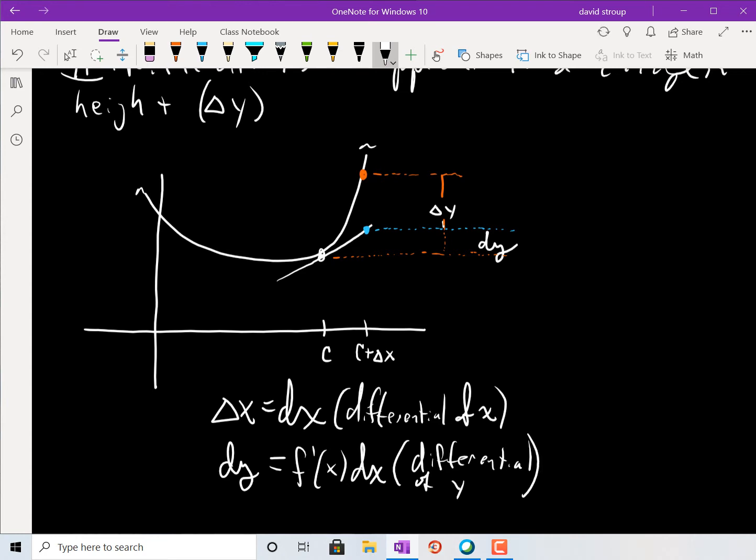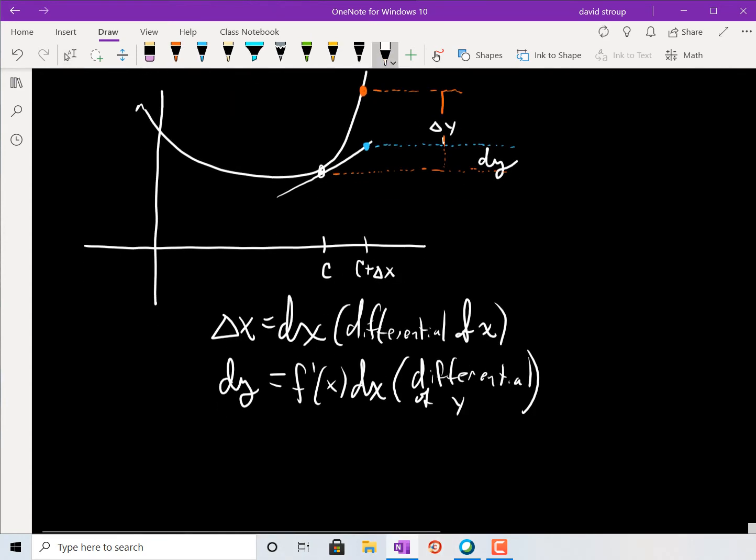And also then, as change in x gets really, really small, we can approximate the actual change in y with the differential of y, which of course is equal to f prime of x dx.